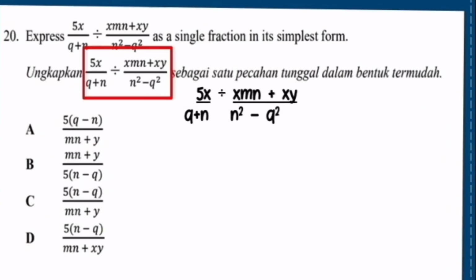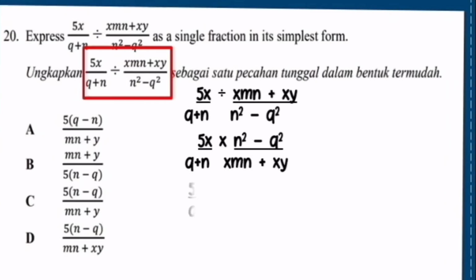Then you have a difference of squares: a squared minus b squared equals a plus b times a minus b. Very important. Now you copy 5x over q plus n, then the division you invert, so it becomes multiply. So n squared minus q squared goes up to become the numerator, and xmn plus xy becomes the denominator.